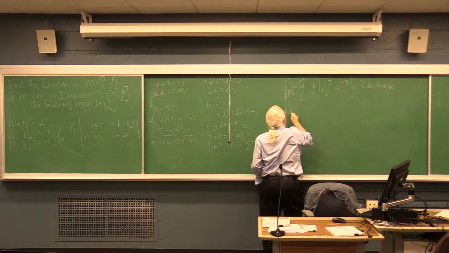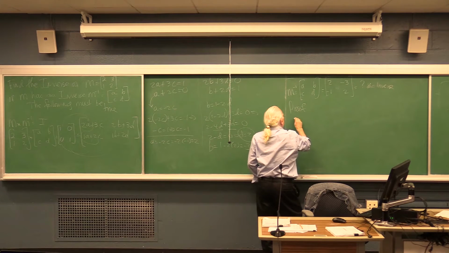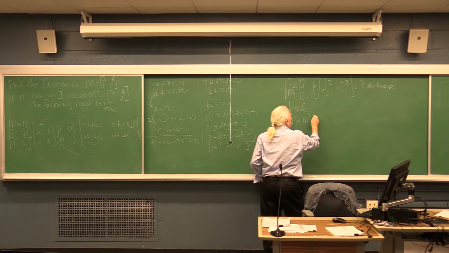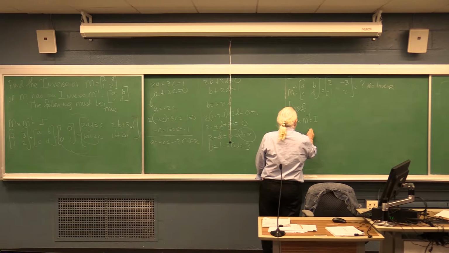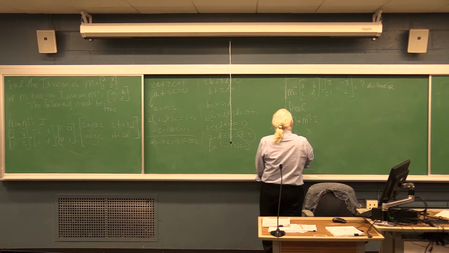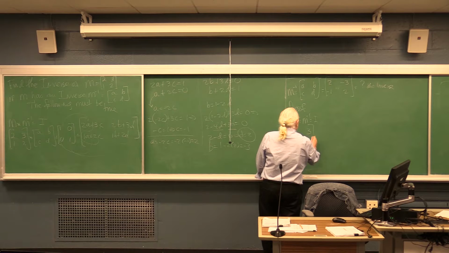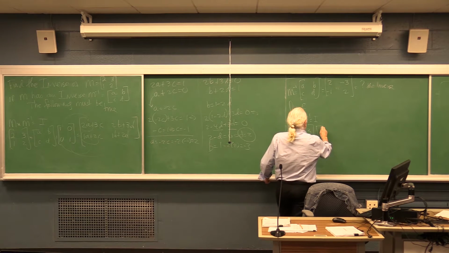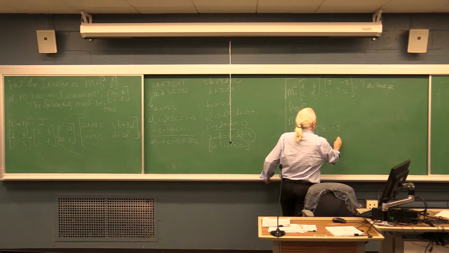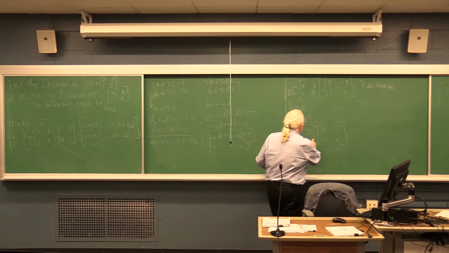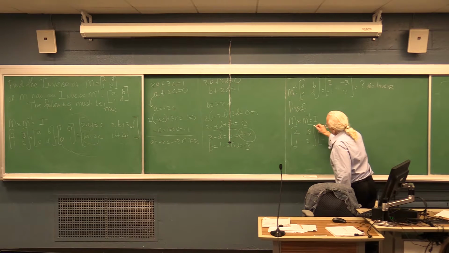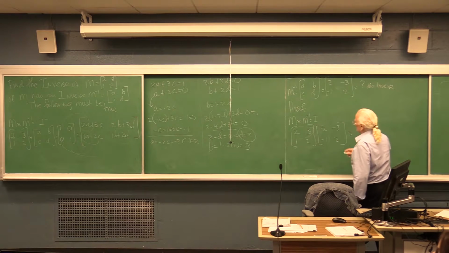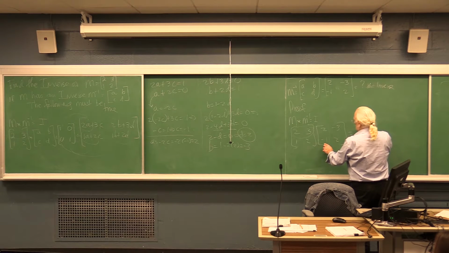Okay, so to prove that this is the inverse, if I multiply m times the inverse, I better get the identity. So let's multiply m, 2, 3, 1, 2. This is m. The inverse is 2, -3, -1, 2. You see there's some funny relationship between these. If you multiply 2, 3 times this one, this will be 4 minus 3 or 1.